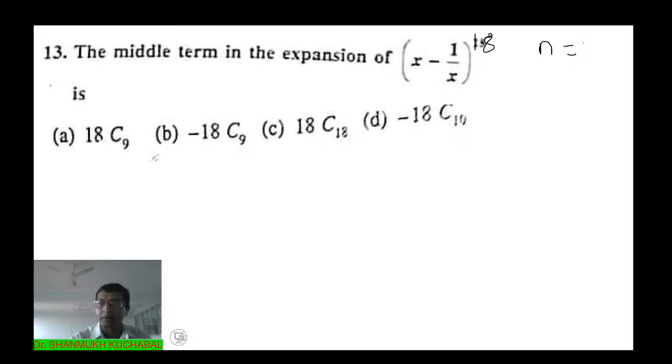It is n equal to 18, which is an even number. In our last class we discussed if it is an even number or odd number, how to take its middle term. Suppose if it is an odd number, there will be two middle terms. Here it is n equal to 18, we will get only one middle term.